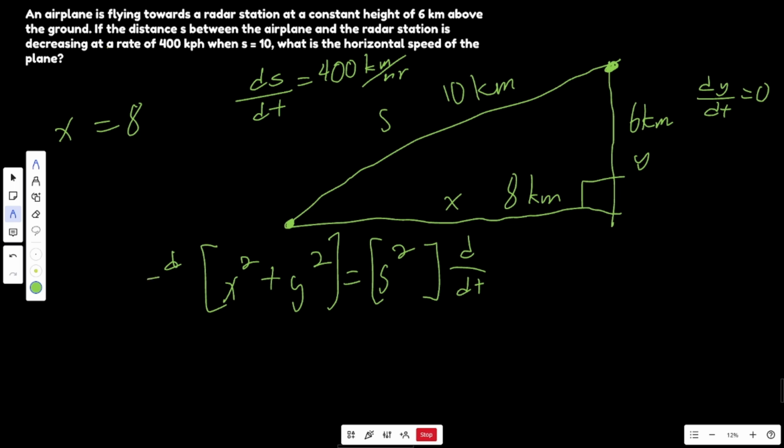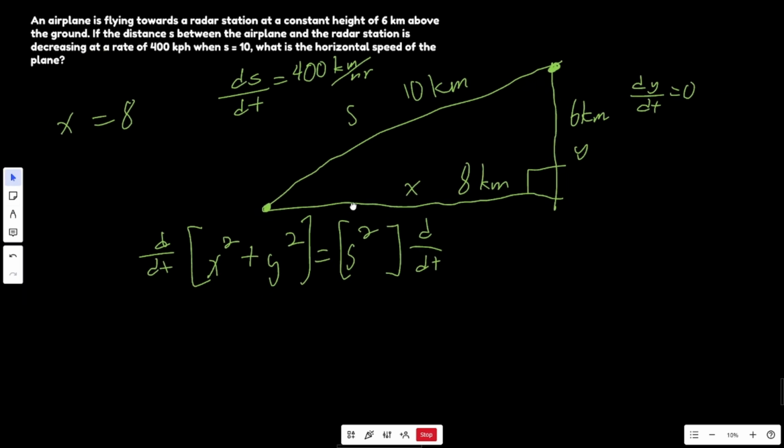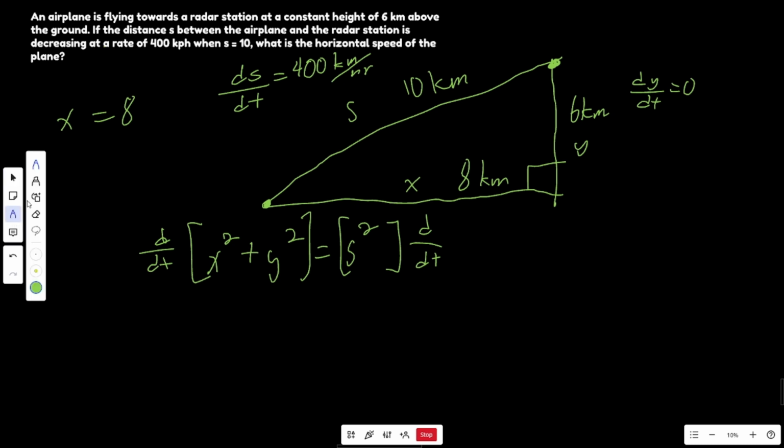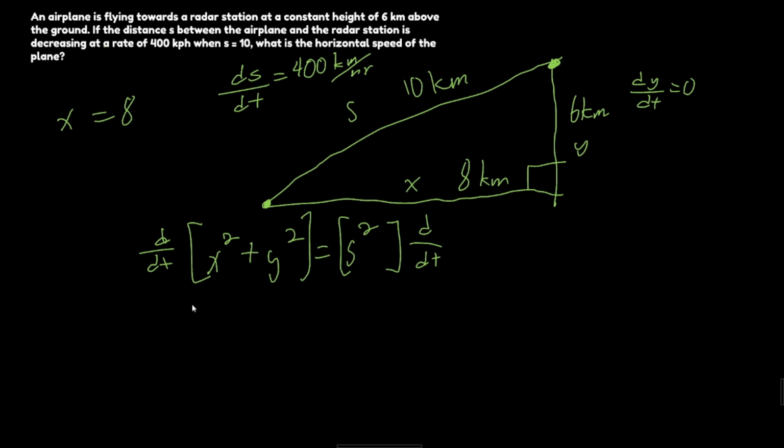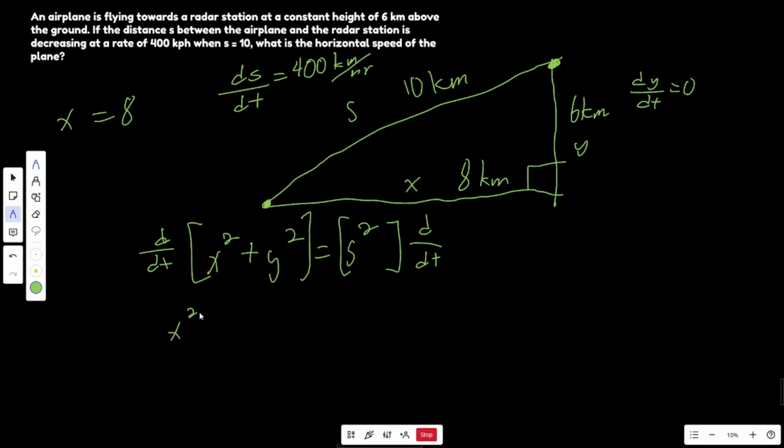So d over dt. If you recall, this is the start of implicit differentiation, so we're going to distribute our derivative. Deriving x squared gives us 2x dx over dt, plus 2y dy over dt, equal to 2s ds over dt.